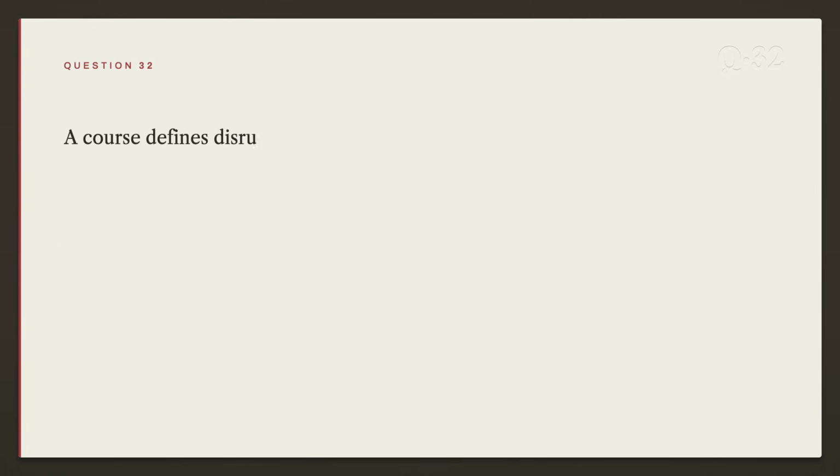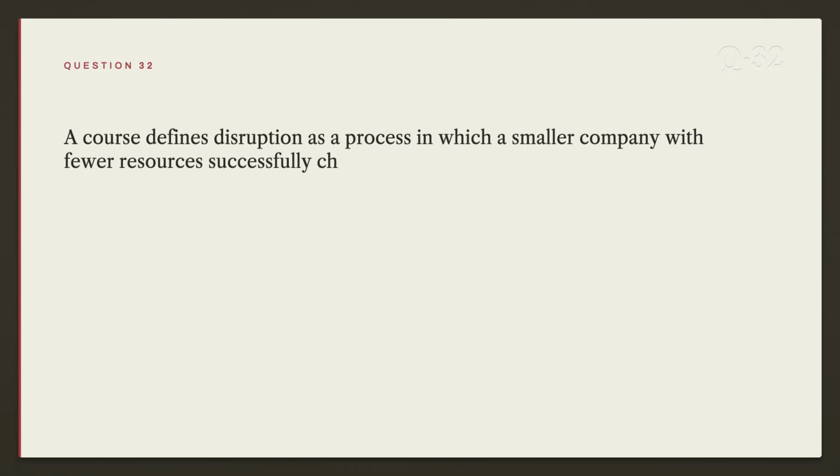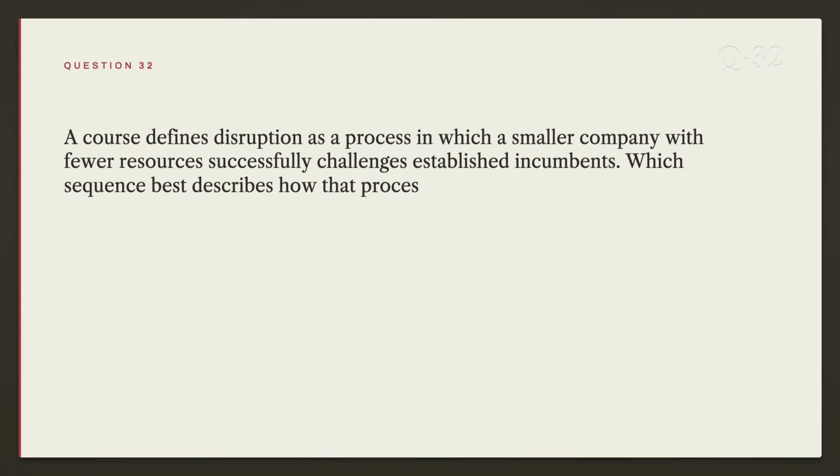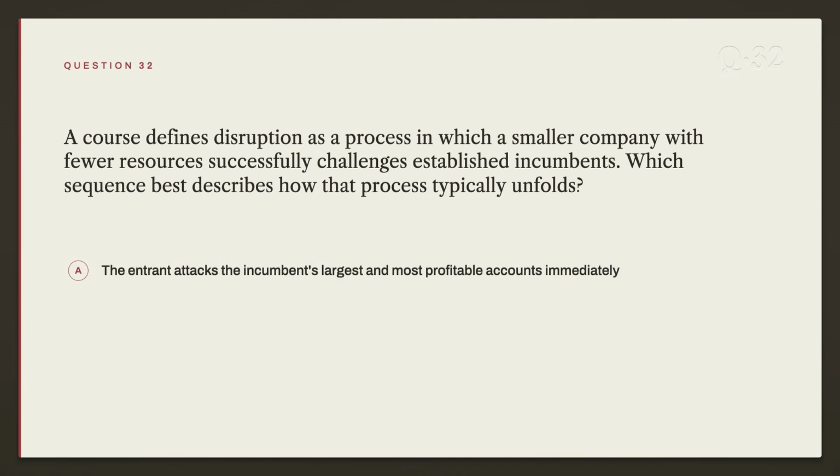Question 32. A course defines disruption as a process in which a smaller company with fewer resources successfully challenges established incumbents. Which sequence best describes how that process typically unfolds? Your options are: A. The entrant attacks the incumbent's largest and most profitable accounts immediately.